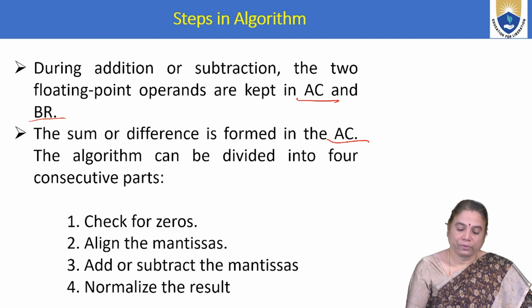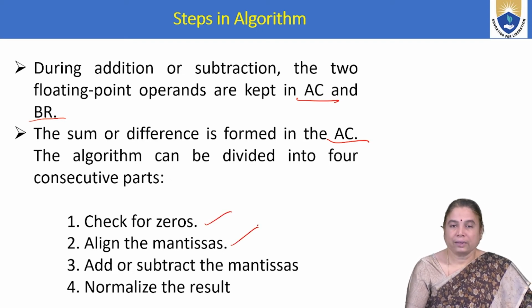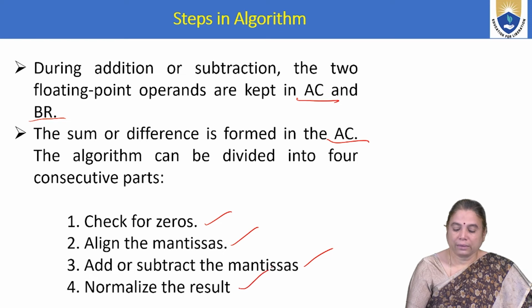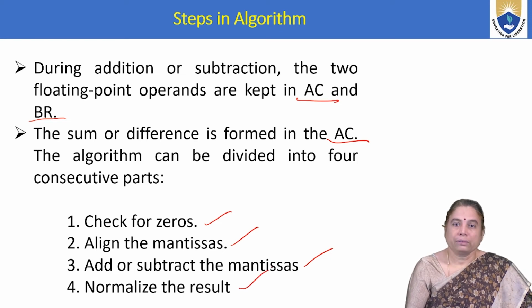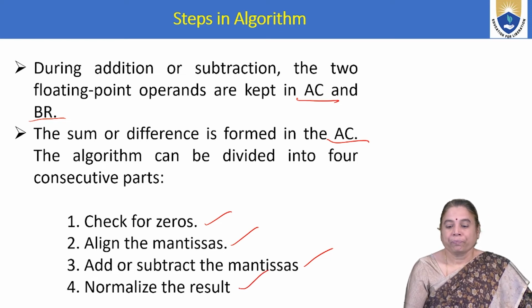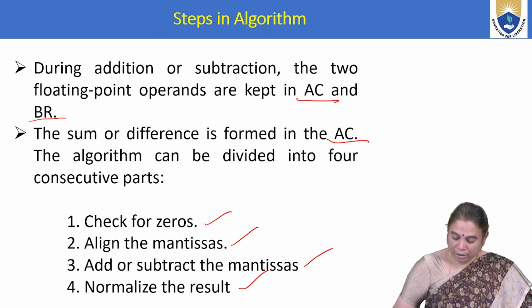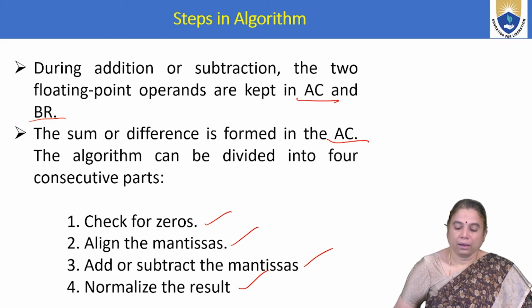First step, check for zero values. Second step, align the mantissas. Third step, add or subtract the mantissas. Fourth step, normalize the result. These four steps are the basic steps in the addition and subtraction algorithm.